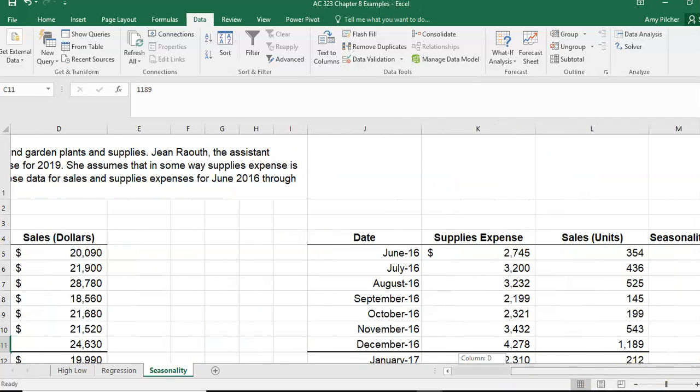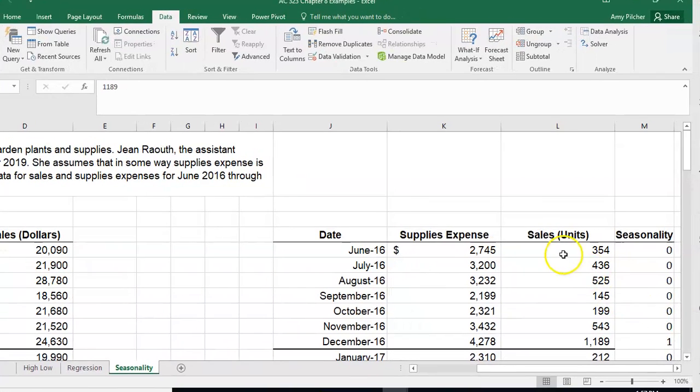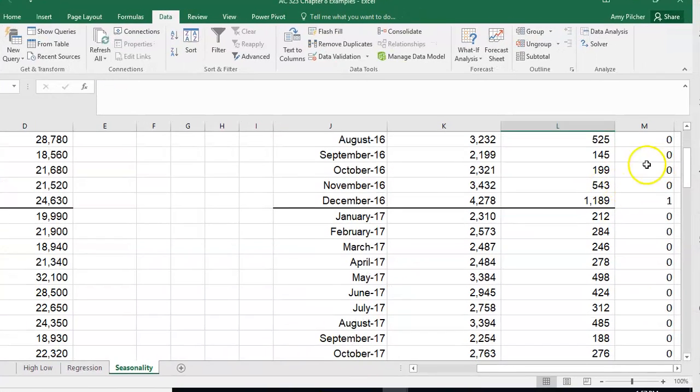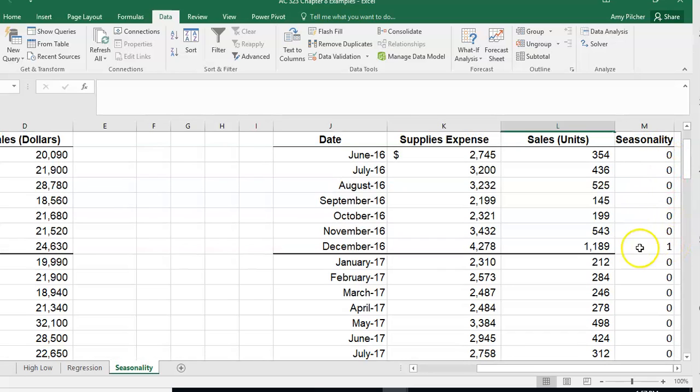When we have seasonality in a regression analysis, we are going to create a dummy variable. So we put in zeros and then a 1 for the season that we have. We could also put, if November was much higher, we would put a 1 in November to show that November and December are seasonal areas.